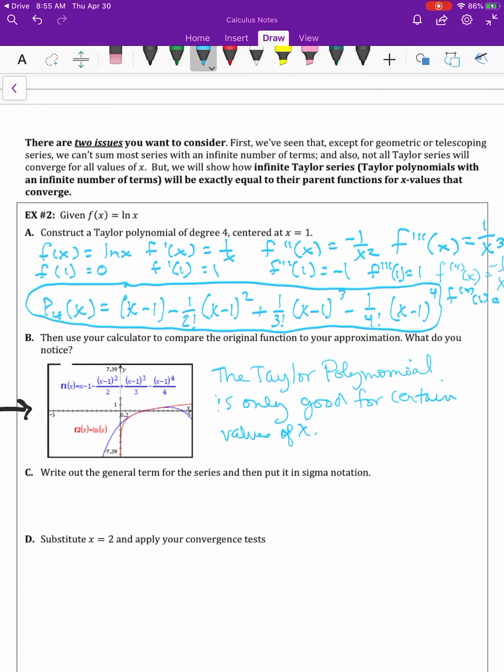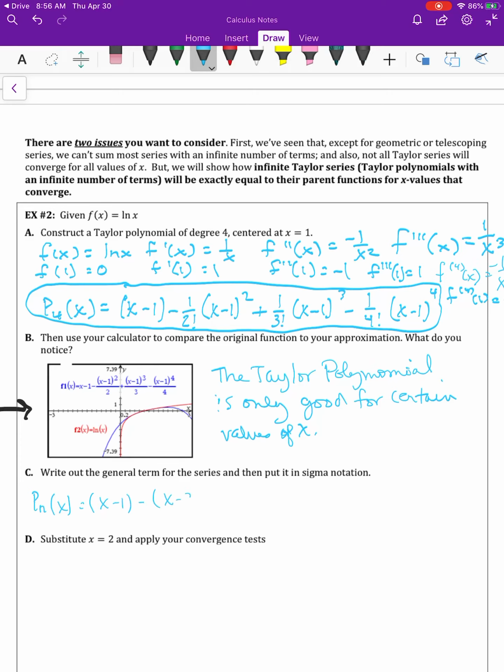And I hope you notice that those values are, since this polynomial is centered at x equals 1, like a radius away from 1, right? They're a radius away from 1, and I'm wondering what that is. So write out the general term for the series and then put it in sigma notation.